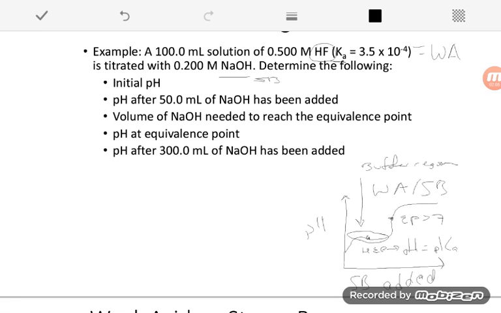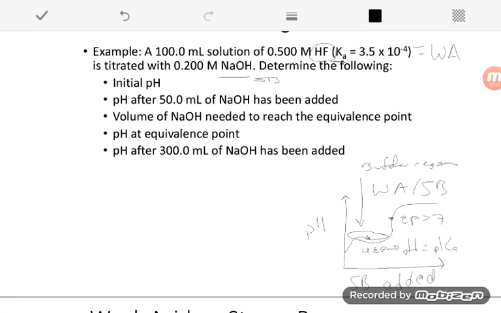So once I've reacted just a little bit of my weak acid with some strong base, I've created some conjugate base, and so what I have in this region right here is a buffer of that weak acid and its conjugate base. So I should expect to have a buffer if I fall anywhere in that region while I'm working my titration problem. So again, it's just good to keep these little pinpoints in mind so we can make sure we're on the right track.